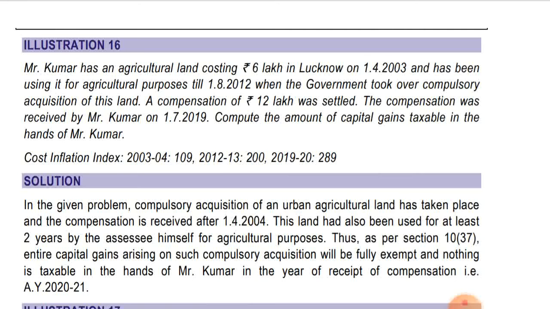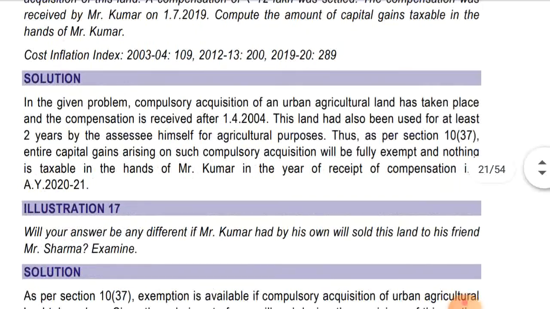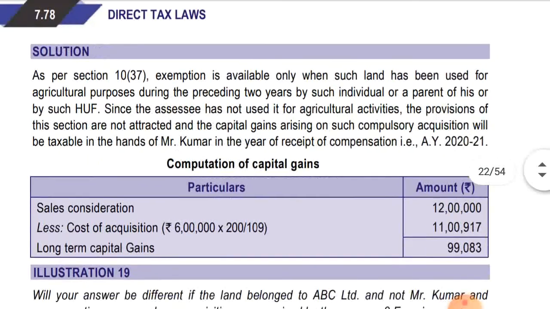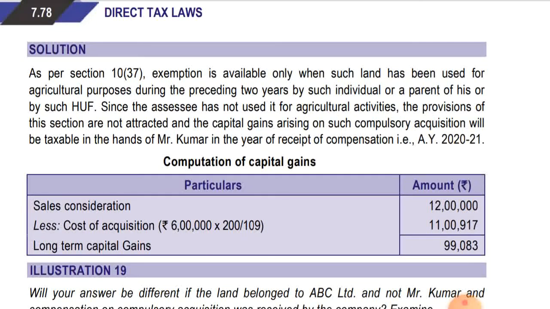Although it will be taxable in the year in which compensation is received, indexation on the numerator side will be of the year in which the asset was compulsorily acquired. So 200 divided by 109. Okay, so let's see the solution. Sale consideration is 12 lakhs, cost of acquisition is 6 lakhs into 200 divided by 109, that is coming to 11 lakh 917. It is a long term capital gain.